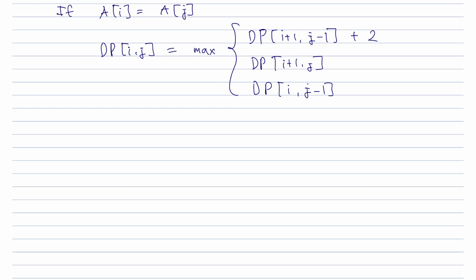Some of these cases are redundant, but that's okay. It won't affect the running time. So this is the recursive structure. This is how we are going to fill out the dynamic programming table.